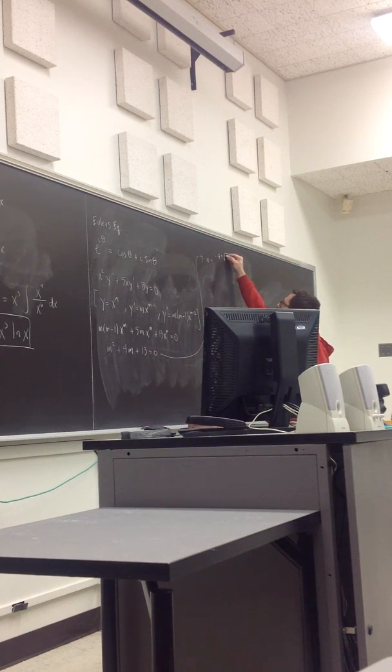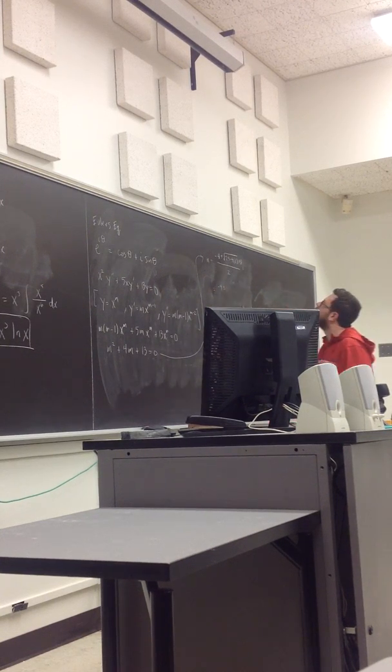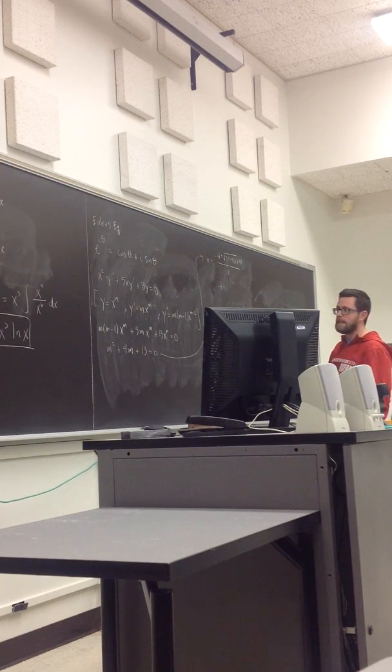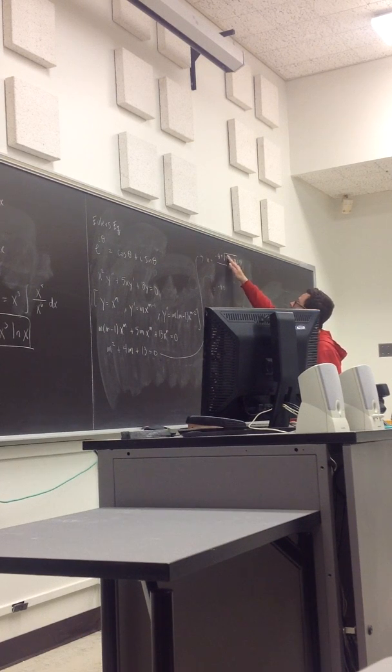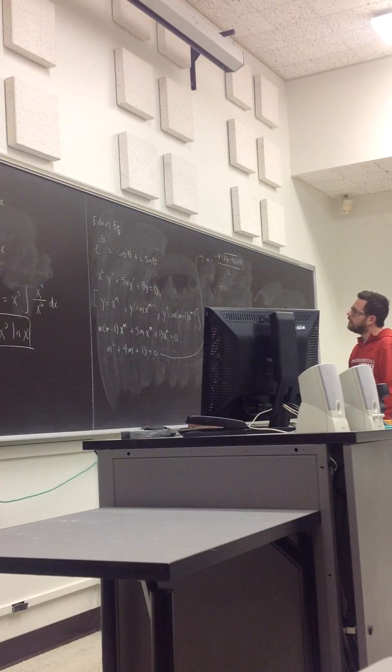Half of 4 is 2, so 4 minus 13, I looked at the wrong number. 16 minus 52 is negative 36.